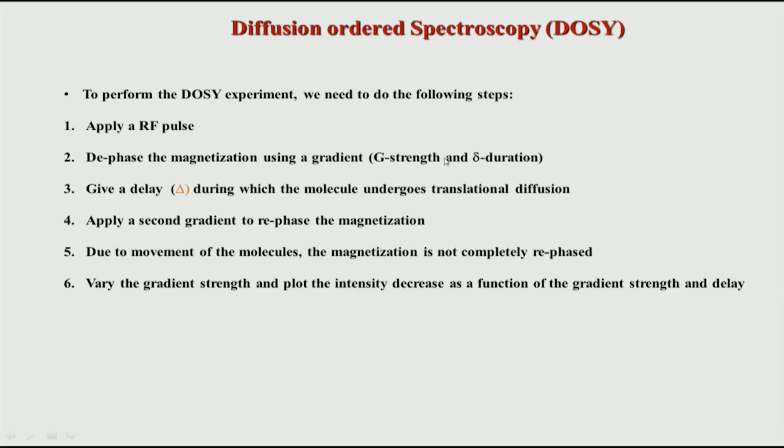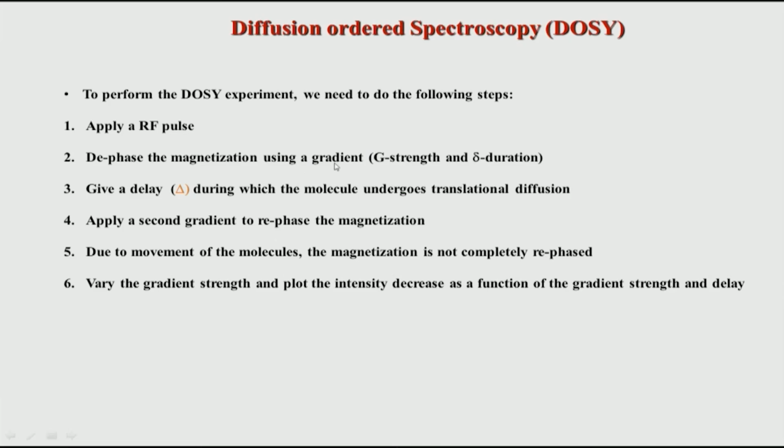One is the strength of the gradient, how strong it is, and second is the duration, how long the gradient was applied. The product of these 2 gives you the total gradient strength. For example, I can reduce the gradient strength and increase delta, or increase gradient G and reduce delta. The product G times delta is what matters.